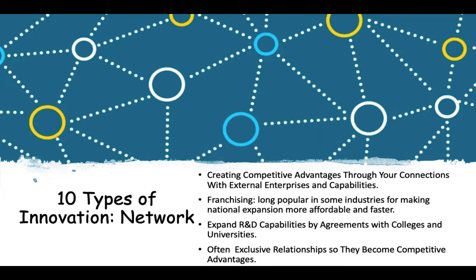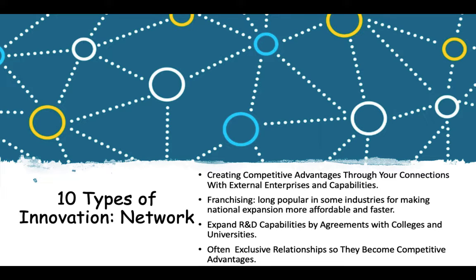A network can also be a way of expanding your R&D capabilities. For example, there are some companies that have exclusive working agreements with various colleges and universities, a way to augment your R&D capabilities to create competitive advantages.